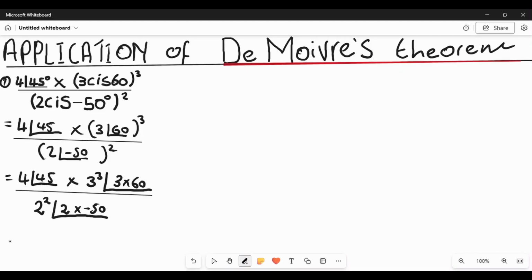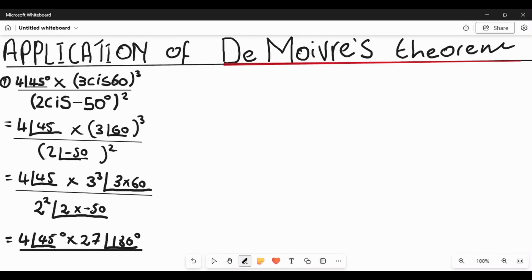Right, guys, let's continue. This one we continue dropping as it is, 4, and the angle is 45 degrees. Multiply. Now, we know that 3 to the power of 3 is going to give us 27. Then the angle, which is 3 multiplied by 60, is going to give us 180 degrees.